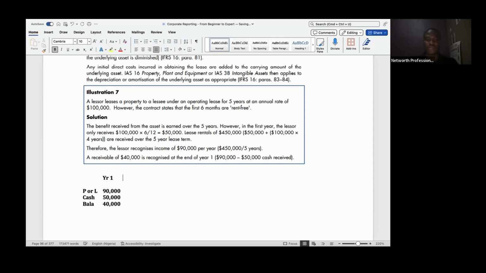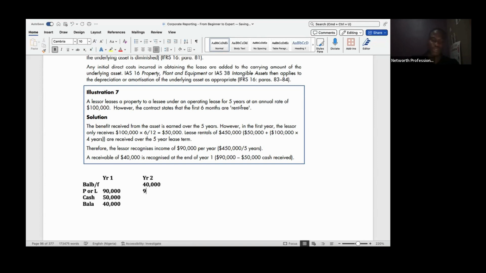Because we have a balance of 40,000, I have to call it receivable. That means there will be a balance brought forward in year two of 40,000.